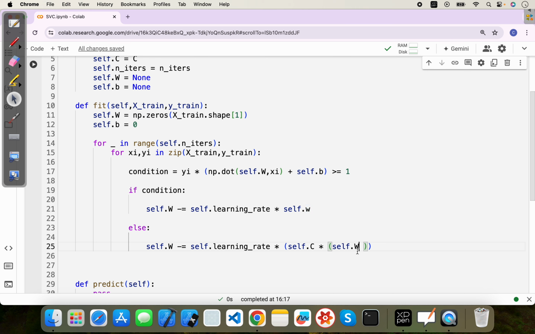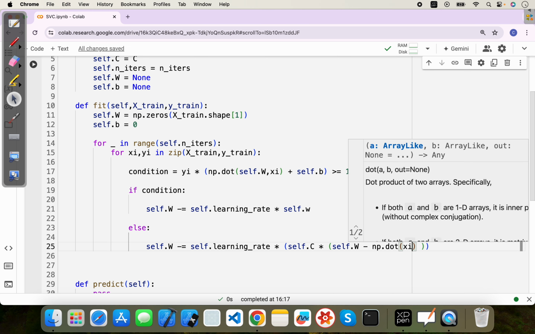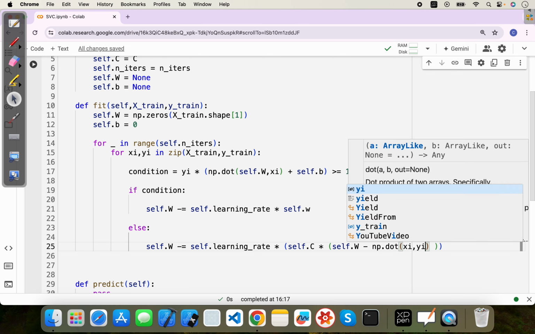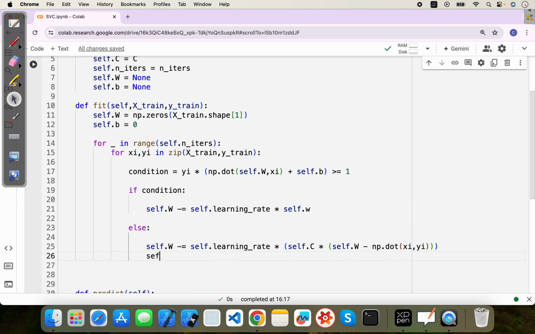Self.w minus np.dot of yi and xi, right? Same for self.b minus equal to self.c times yi, and let's multiply it with the learning rate.